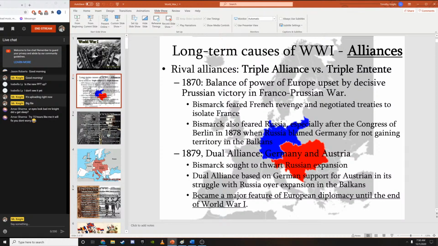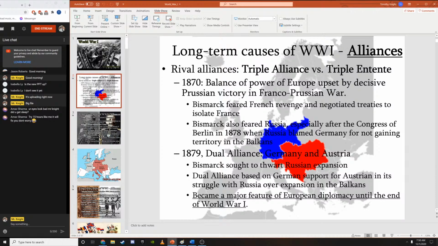And so they go to war with France in part because there are some territories that Germany wants to claim that France held. And Bismarck was fearful that the French would try to exact revenge on Prussia for defeating them so badly in the Franco-Prussian War.